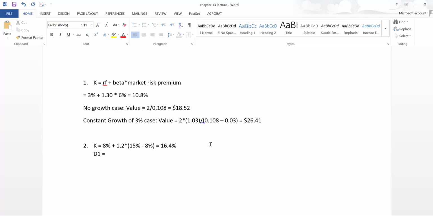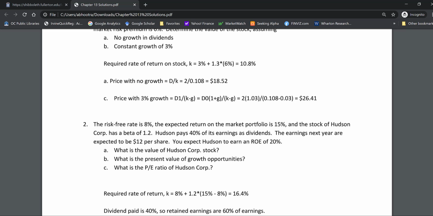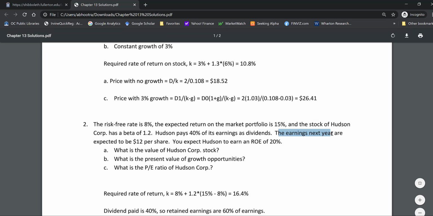So the dollar amount of dividend would be $4.80 per share. And again this is D1 because the question says that this is the earnings next year, so that would be E1. So we are using E1 and therefore we get D1.